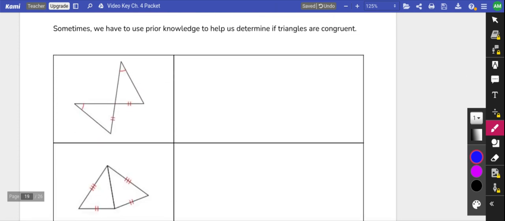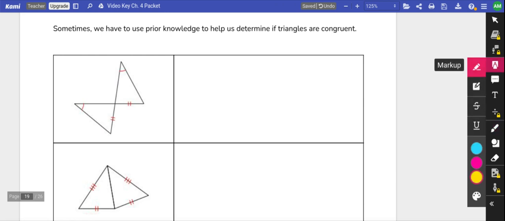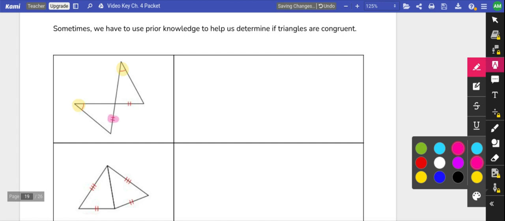Sometimes, though, we will have to use prior knowledge to determine if the triangles are congruent. So looking at this diagram, I have some things that are already labeled as congruent for me. I have these corresponding angles, and I have these corresponding sides. But I don't know anything else.